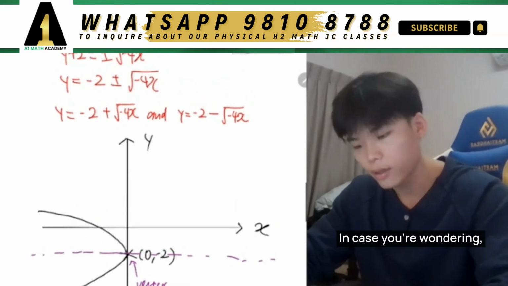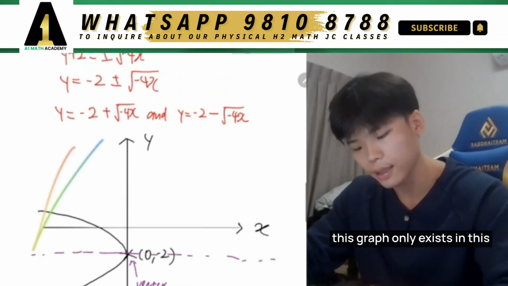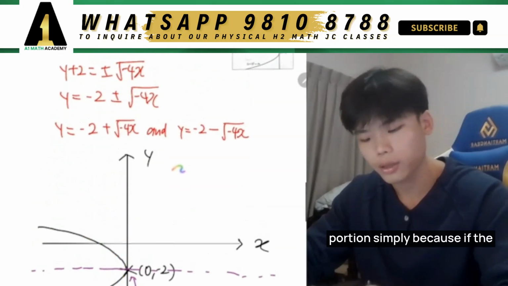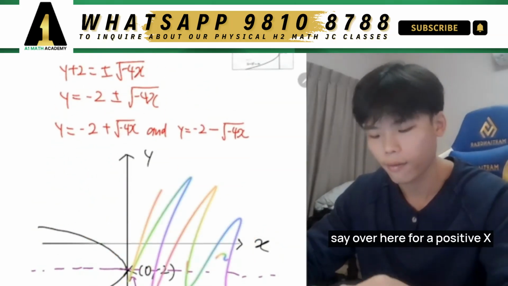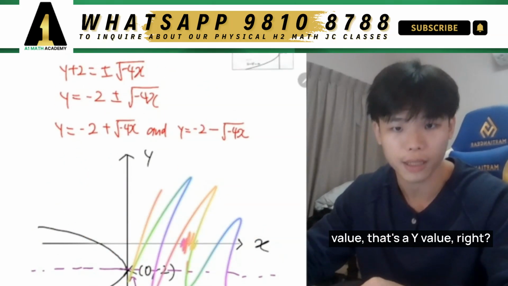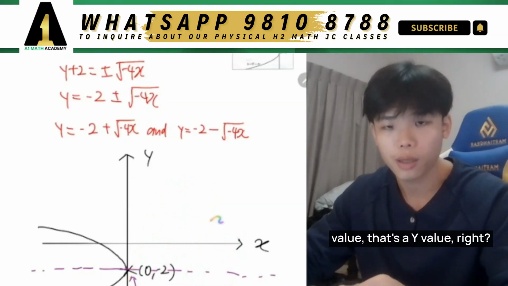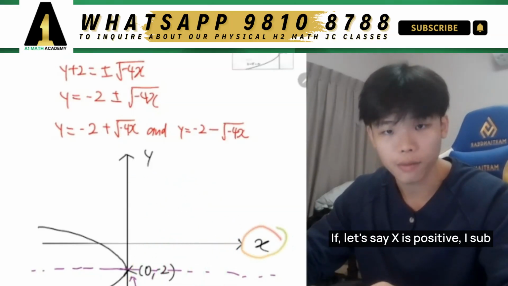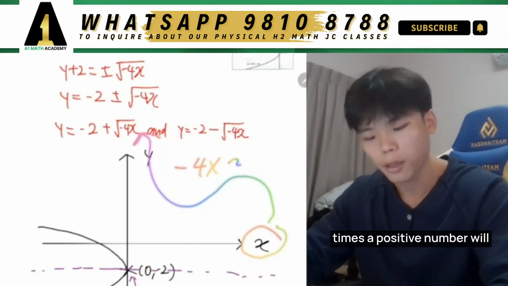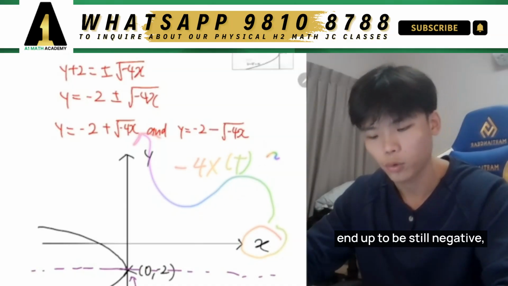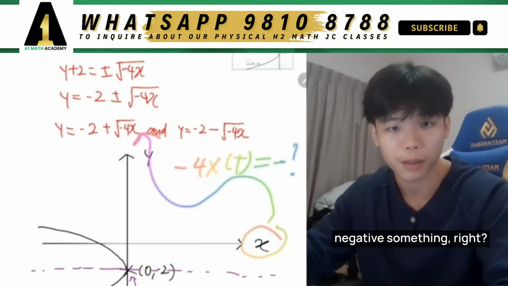In case you're wondering, this graph only exists in this portion. Simply because if the graph actually existed in this portion over here, let's say over here for a positive x value, there's a y value, right? If let's say x is positive, I substitute inside here, -4 times a positive number will end up being still negative, right?